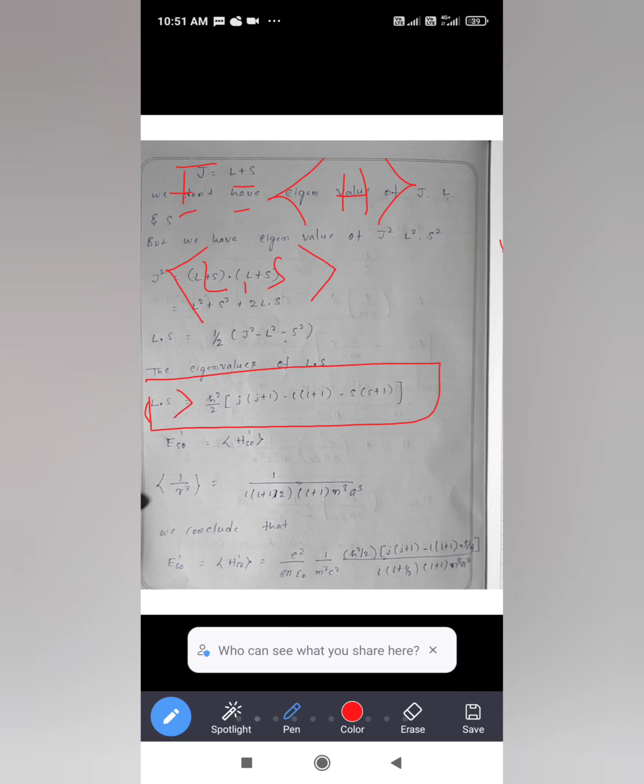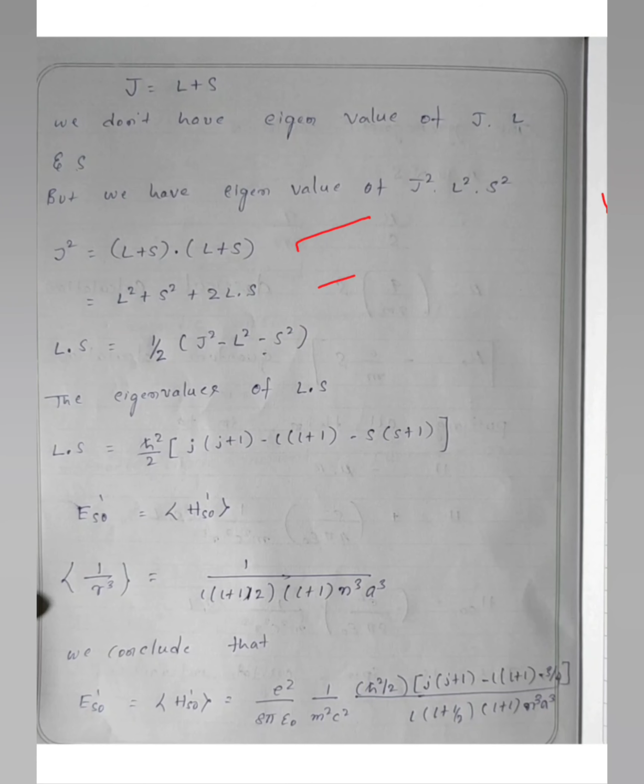Okay, next, so this is the energy. E SO dash indicates the energy due to the spin orbit interaction. Dash indicates the disturbance energy.